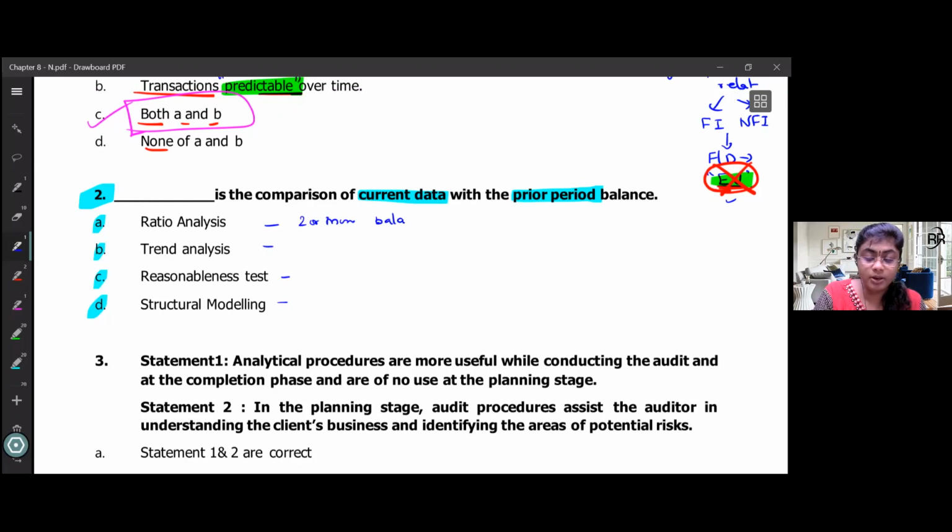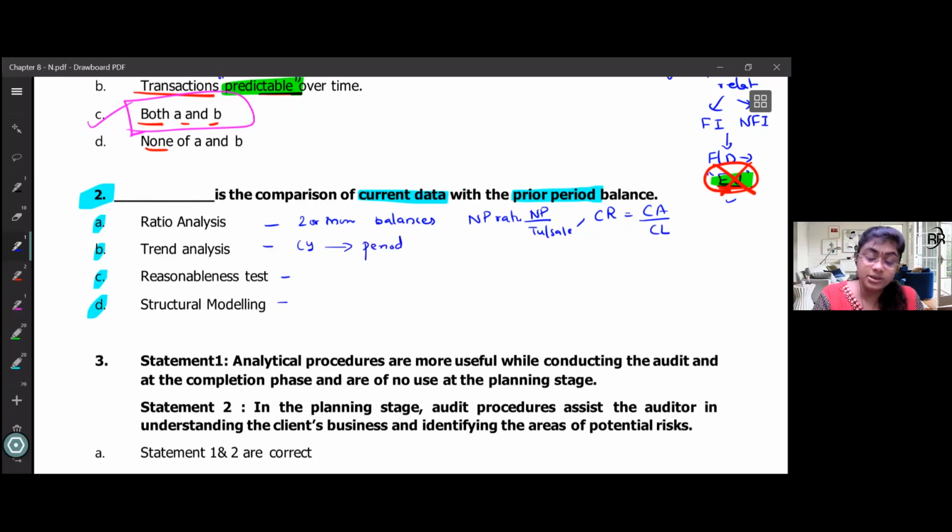Say, for example, net profit ratio, where net profit by turnover, sales, 2 or more items, like net profit, its relationship with sales. Current ratio, current asset, relationship with current liability. Trend analysis, where you compare an item of current year with the prior period.